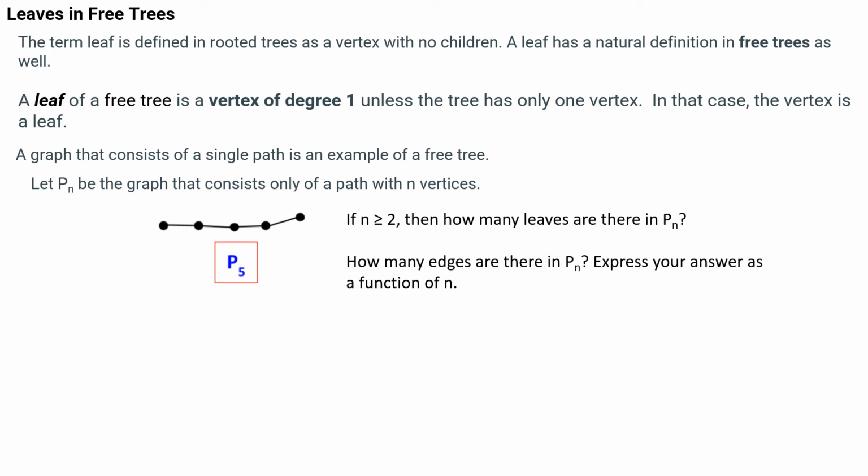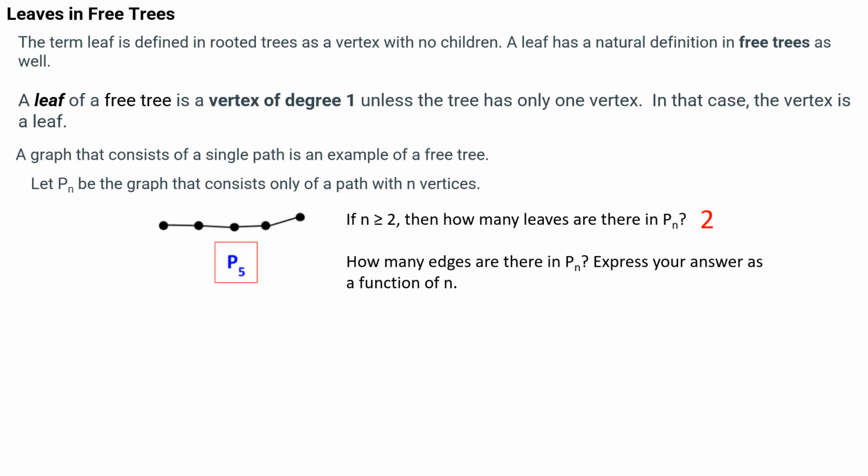There are 2 leaves in P sub 5, because the ones on the ends have degree 1 and all the others have degree 2. And if you think about a longer graph with more vertices that is still one long path, there are still going to be just 2 leaves. The ends are the ones that have degree 1. So no matter how many vertices, P sub n is going to have 2 leaves.